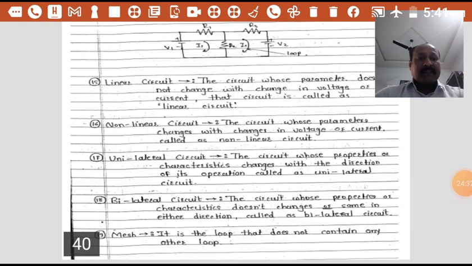The basic definitions, that is the different types of circuit: loop, mesh, elements, that is the passive, active, then passive circuit, active circuit. Then we have series circuit, parallel circuit, and the relation between series and parallel. Then star and delta, how to convert the star connection into delta and delta into star.